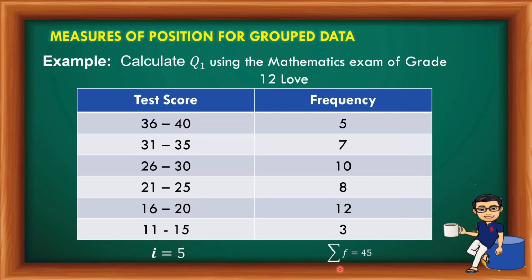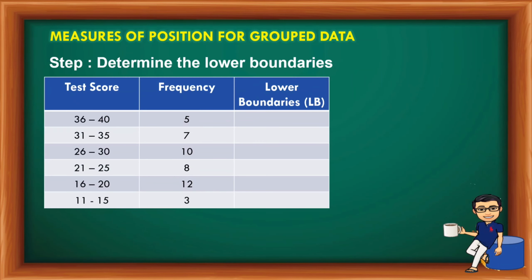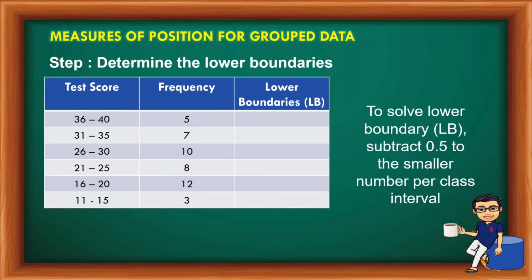Okay, so let's start calculating the quartile 1. Ano kaya yung una nating aalamin? Determine the lower boundaries. To solve lower boundary, subtract 5/10 from the smaller number per class. So, binanggit ko kanina, ito ay per class.